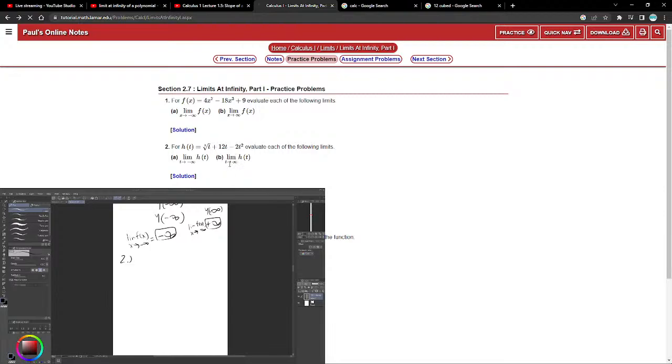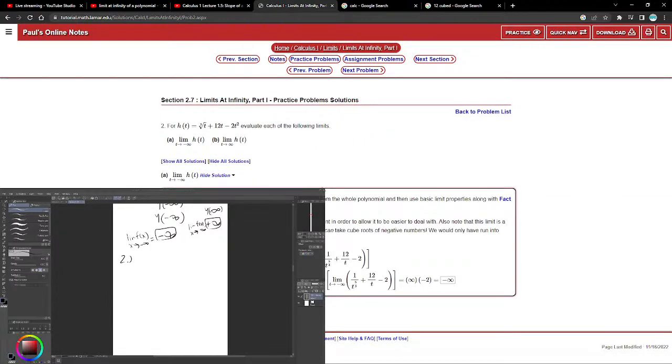What did they do? I don't get this property stuff they're doing. Then use basic limit properties along with fact 1 to evaluate.